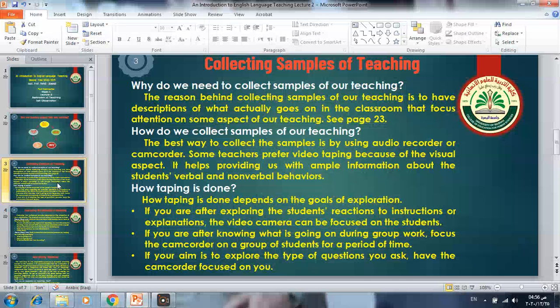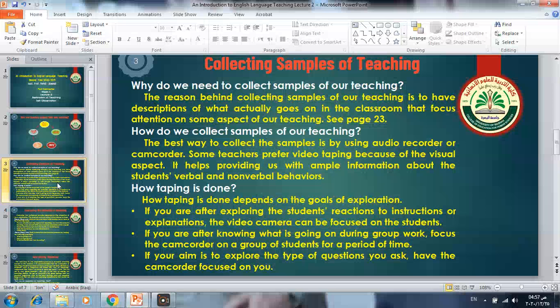They say, okay, because of the visual aspect in the videotaping, it will help us to know more information about the students' both verbal and non-verbal behaviors.